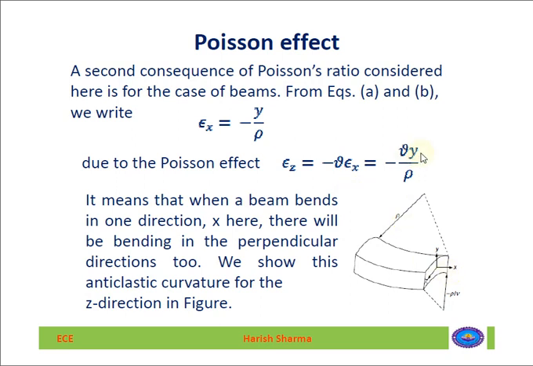Here this is the original y value, and this is rho upon mu, so the radius of curvature is rho by mu instead of rho.